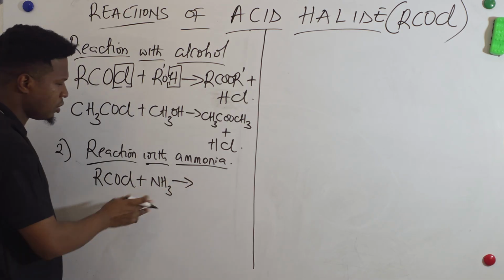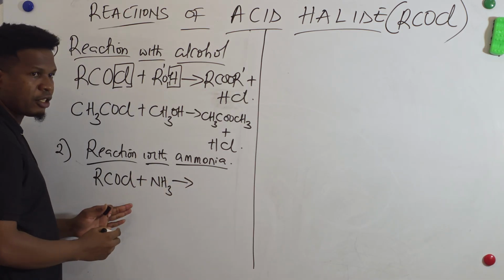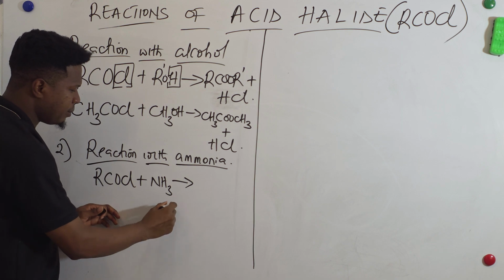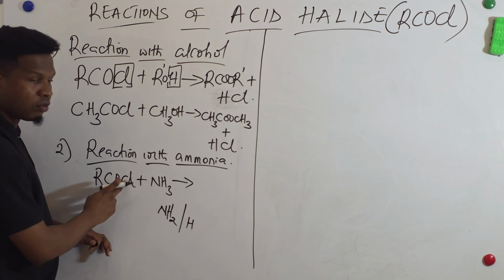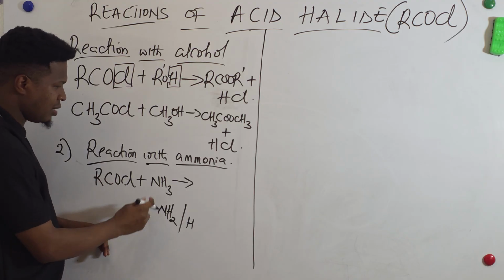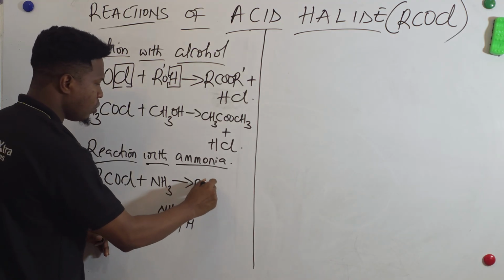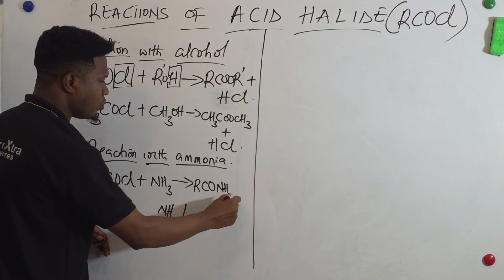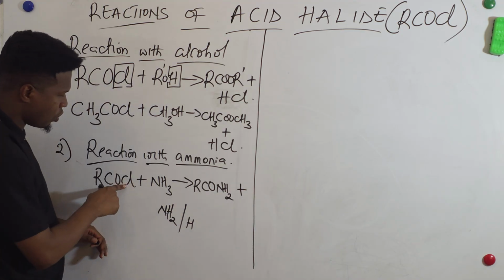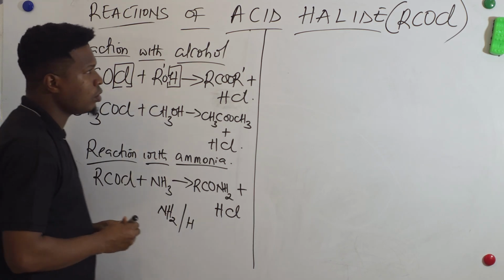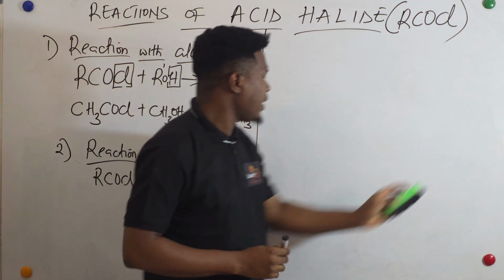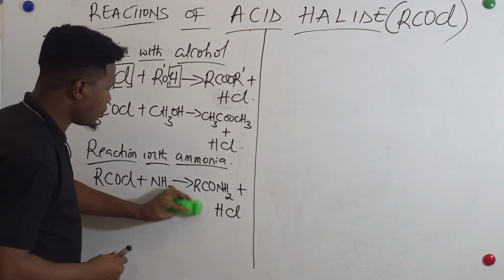This will break up as NH2 and hydrogen. So the hydrogen will pick up the chlorine to form HCl. This will combine with this to have RCONH2 plus hydrogen will go with chlorine to form what? HCl.